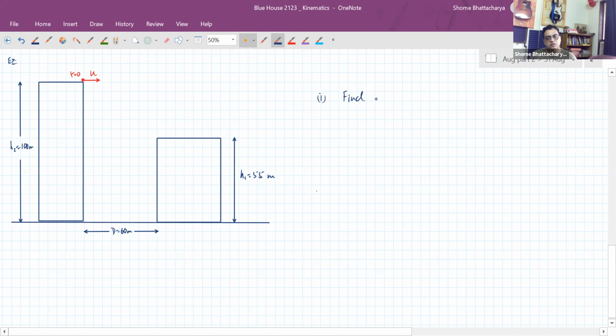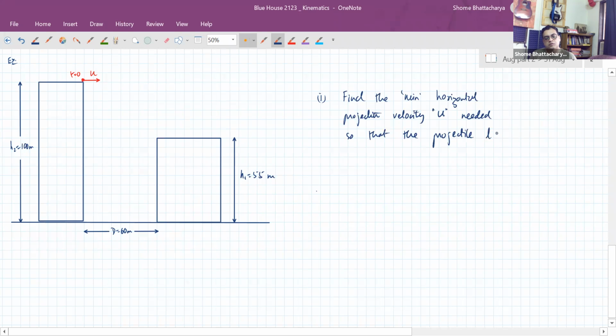So find the minimum horizontal projection velocity u needed so that the projectile lands on the second building. And second part, now for the second part, the width of this building is given to us.